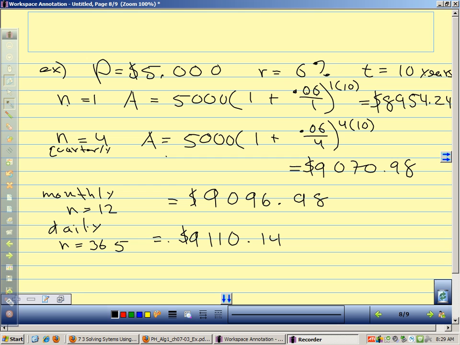Now, if we take our compounding period and go from daily to hourly to every minute to every second to continuously, so we're continuously compounding our interest, then our formula turns into an exponential function with e as our base.